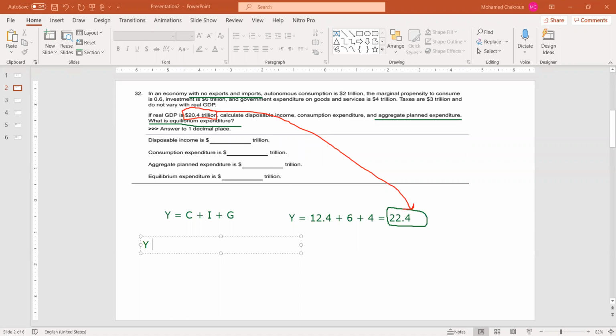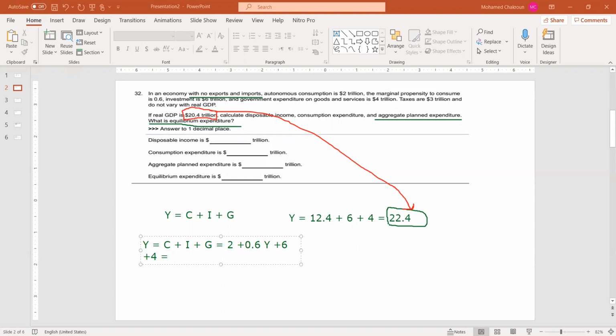So Y is equal to C plus I plus G. It's equal to 2 trillion plus 0.6 Y plus, this is consumption, plus investment is autonomous, so plus 6, plus public expenditure, which is also autonomous, is equal to 4.